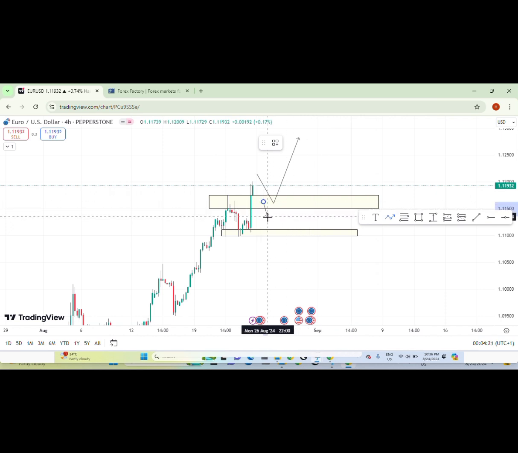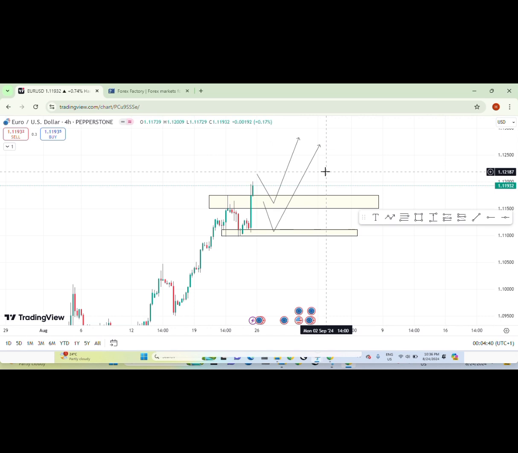So when price does that, I'm going to wait for EURUSD to tap into this zone here, then look for buying confirming candlesticks and buy EURUSD. So this is a very simple analysis on EURUSD. So I'll just be looking for buying opportunities on this particular pair for this coming week.